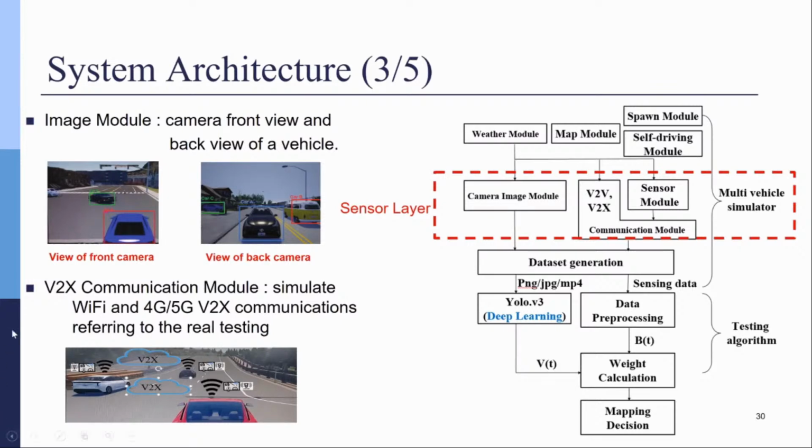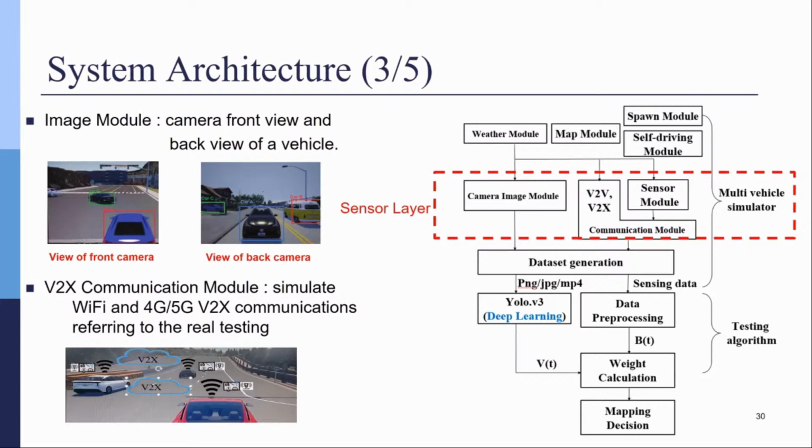The figure on the left-hand side is the front camera view of the main vehicle, and the figure on the right-hand side is the back camera view.